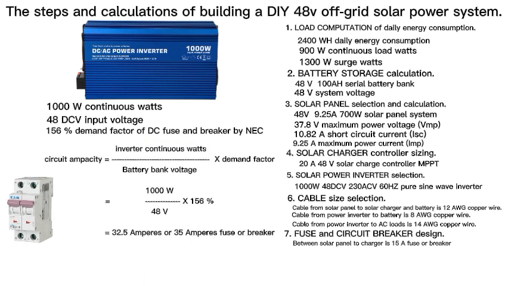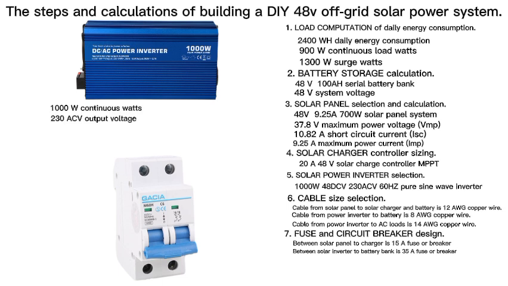So circuit ampacity is equal to inverter continuous watts divided by battery bank voltage times 156%, which is 1000 watts continuous watts of the inverter divided by 48 volts battery bank voltage times 156%, equals 32.5 amperes, or a 35 amperes fuse or breaker. Meaning that between the solar power inverter and the battery bank is a 35 amperes fuse or breaker.